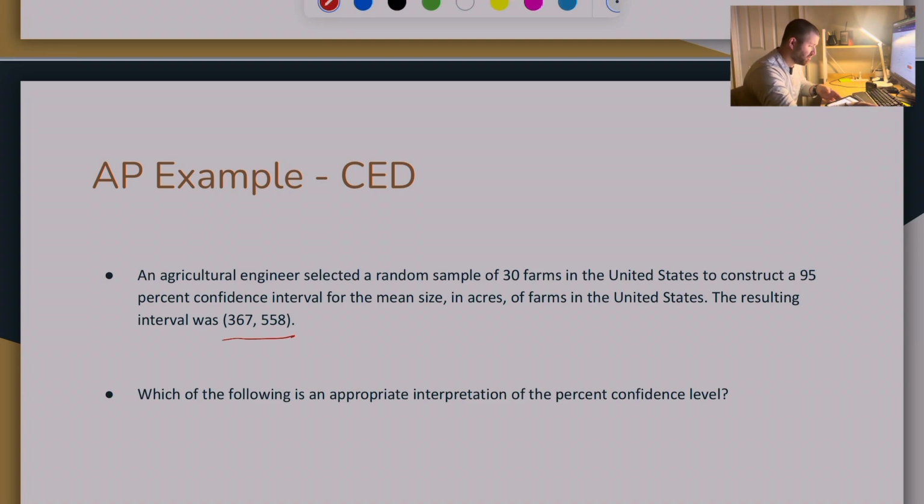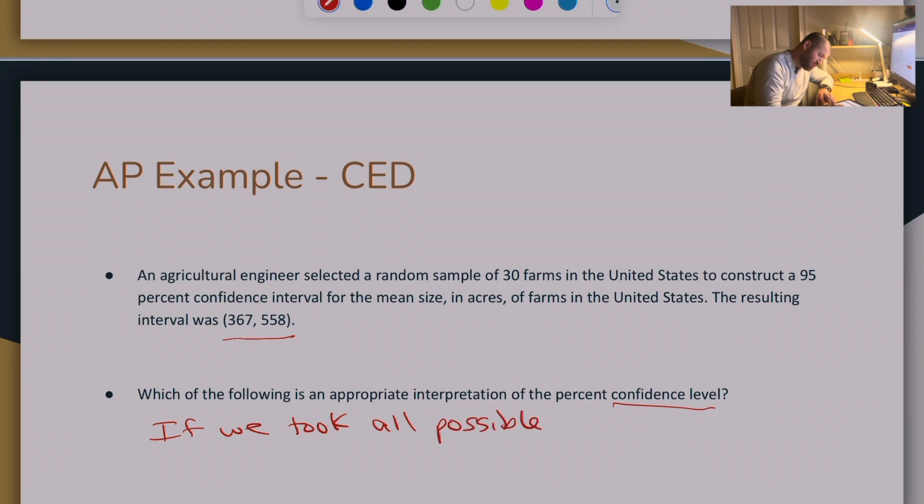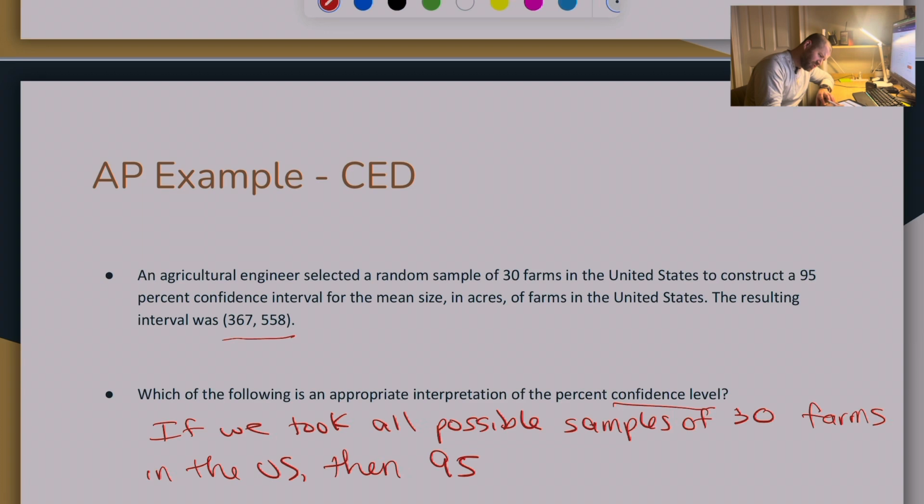But here, the correct interpretation of the confidence level would be: if we took all possible samples of 30 farms in the US, then 95% of the intervals would contain the true mean acreage.